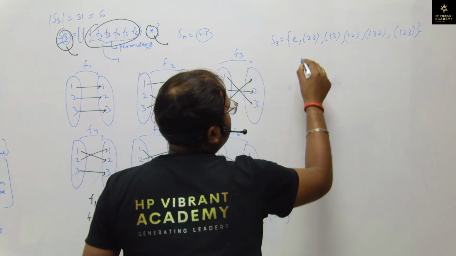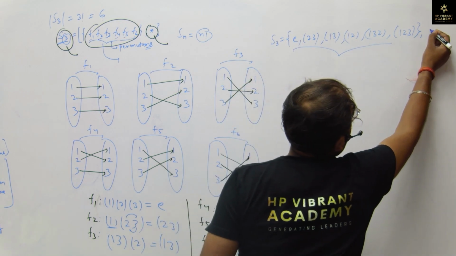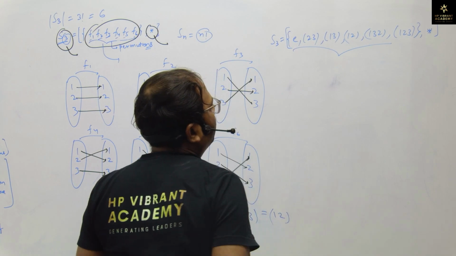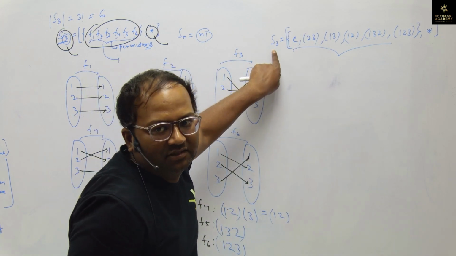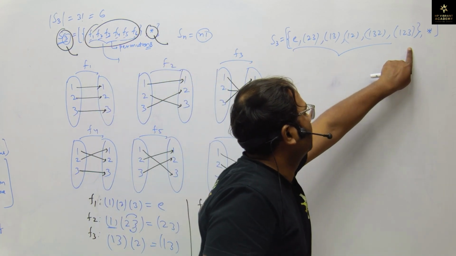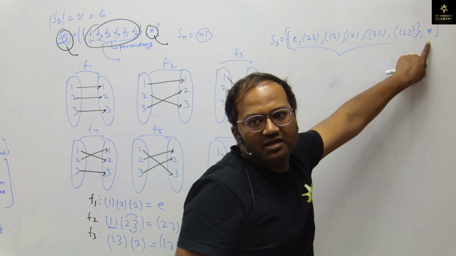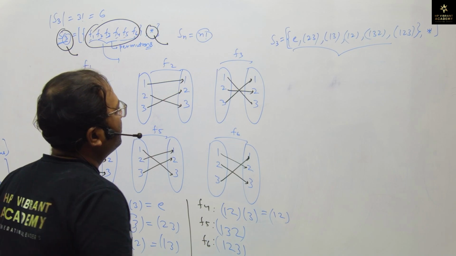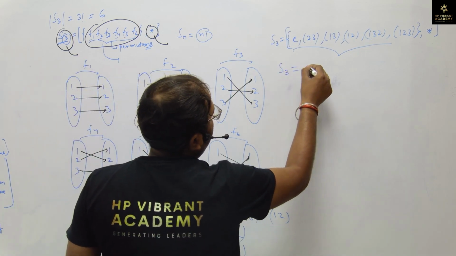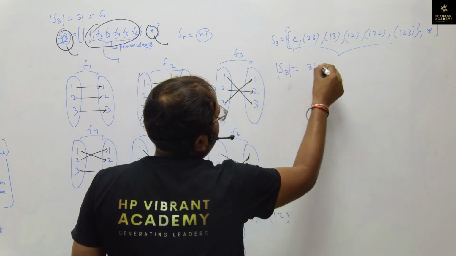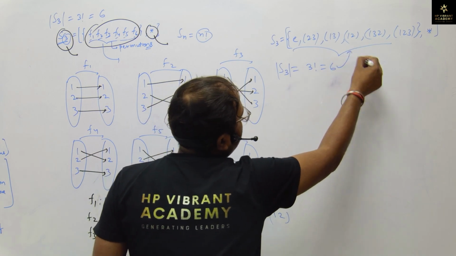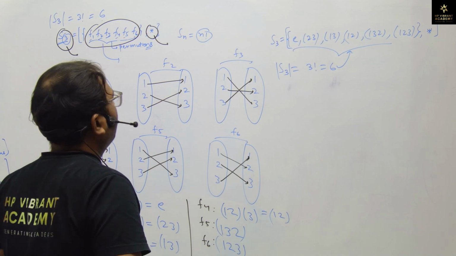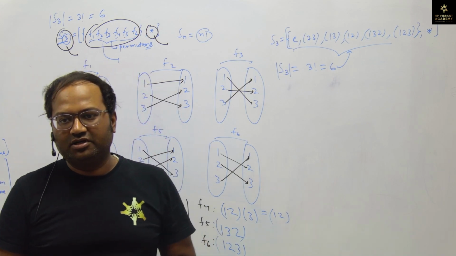So these 6 elements form a group under the operation star, that is composition of functions. S3 is the set of all these bijections that form a group under the operation star, and the number of elements in S3 is 3 factorial, which is equal to 6. We will discuss further in the next lecture. Thank you.